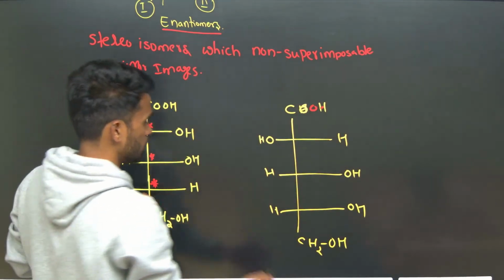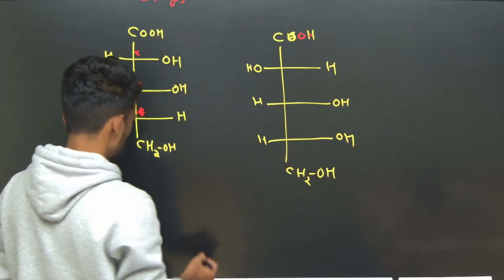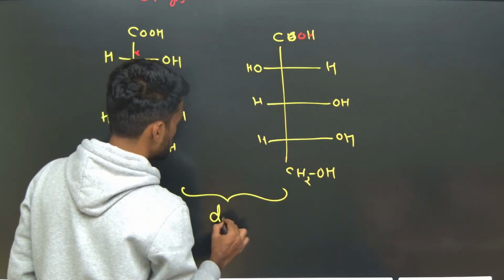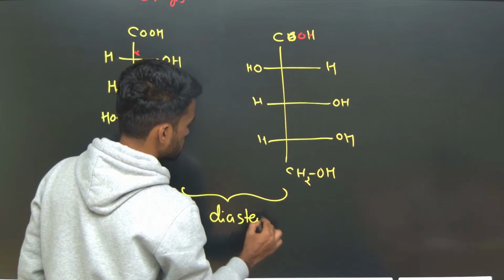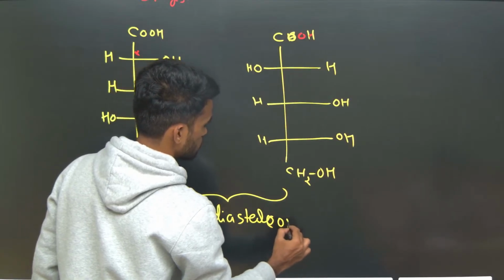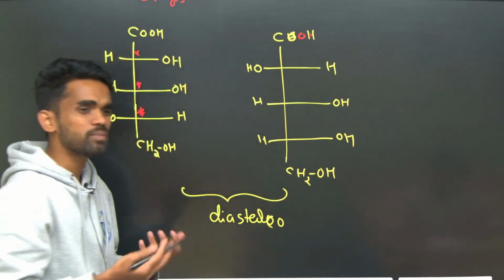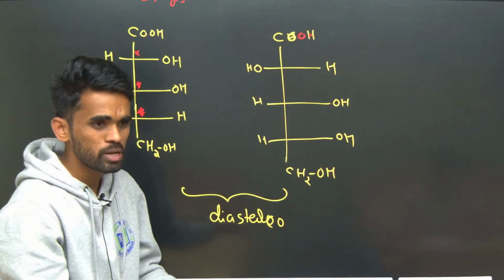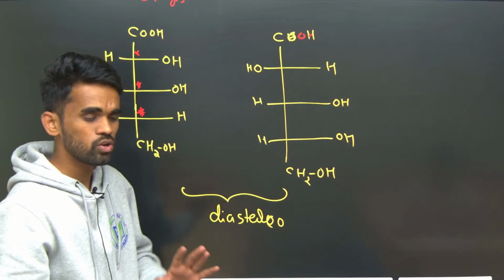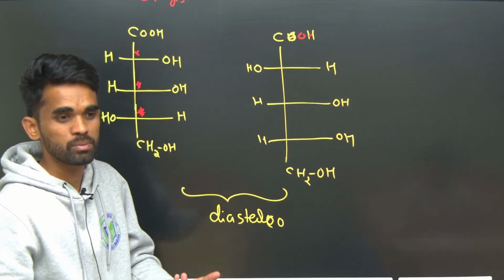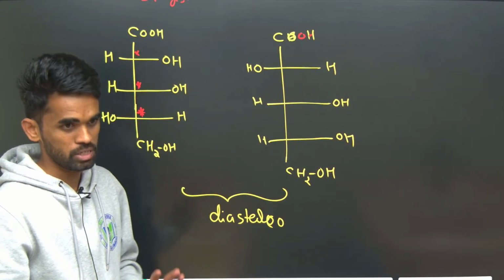A new word, diastereomers. How can you define diastereomers? The stereoisomers which are not mirror images and are not superimposable. If they are not mirror images, they won't superimpose, that is fixed. No point in discussing superimposability again when it is not a mirror image.